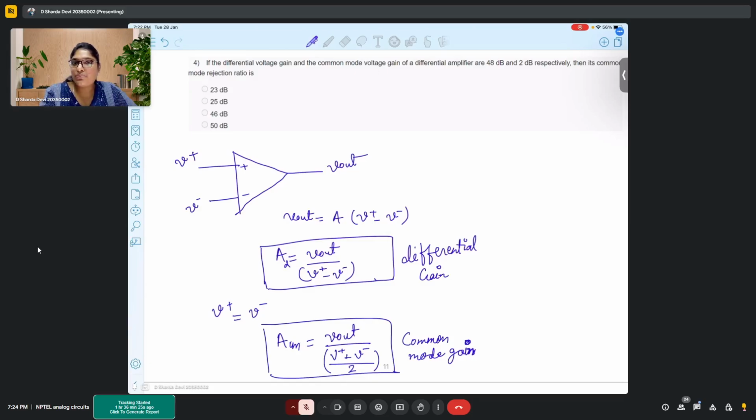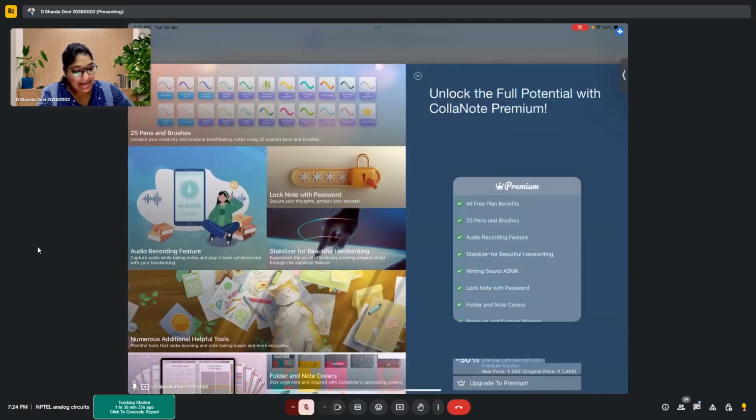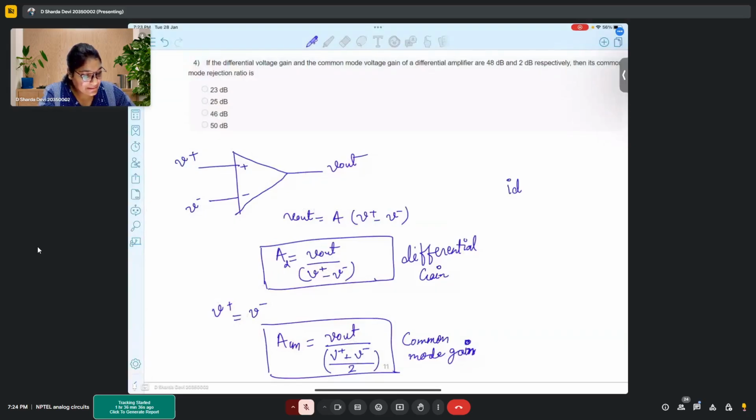Because in ideal case, when V plus and V minus both are equal, you should not get any output. So ideally, ACM is always 0. But practically that never happens. Practically you find some ACM, and ACM is something unwanted. You don't want ACM. It's basically an abnormality that comes into picture.